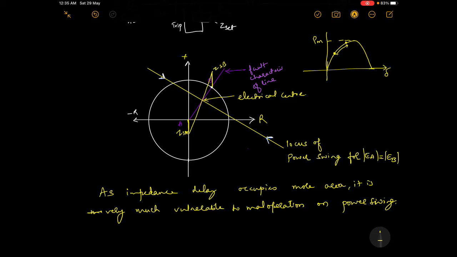With regard to power swing, you will learn it in the other subject, you might have learned it also.